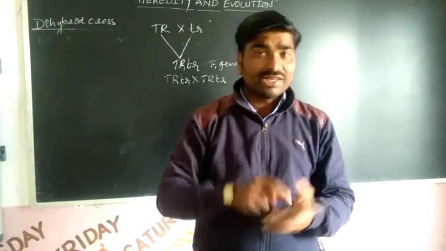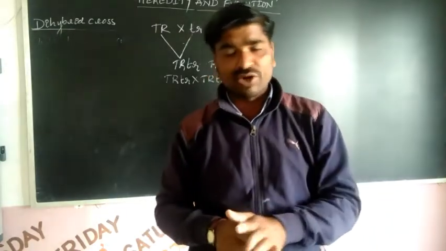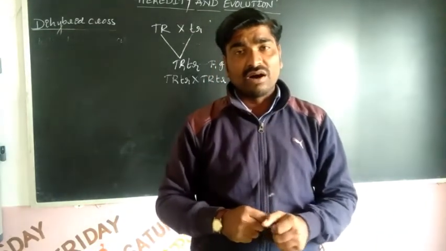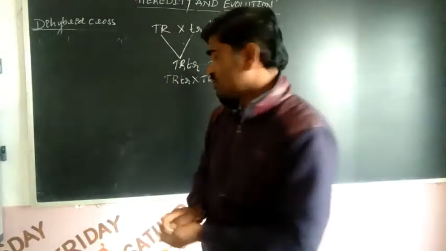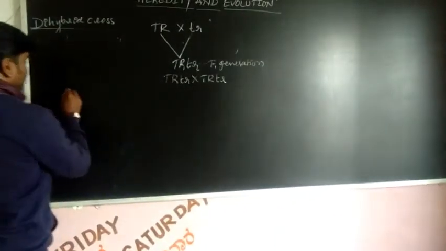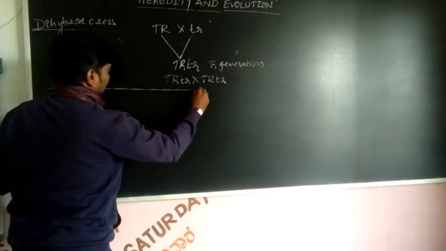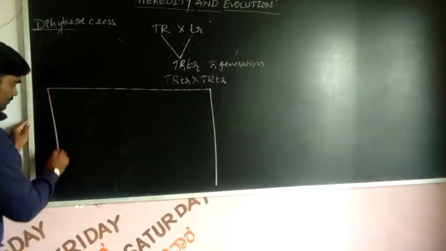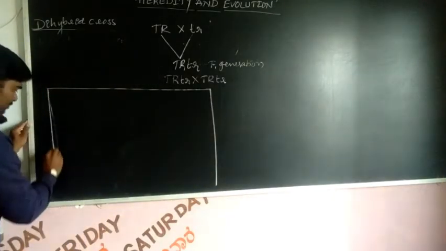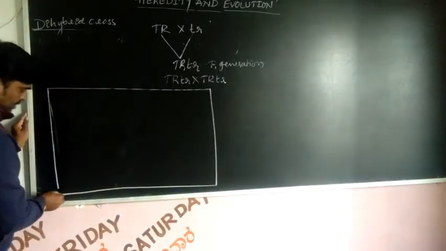During self-pollination, the F2 generation is the self-pollinated plants, but the F1 generation is the artificially pollinated plants. Is it clear? So here you can take the checkerboard. This is the checkerboard.